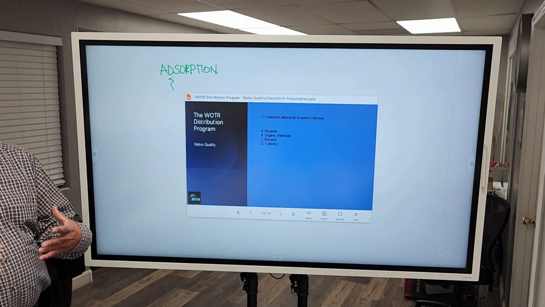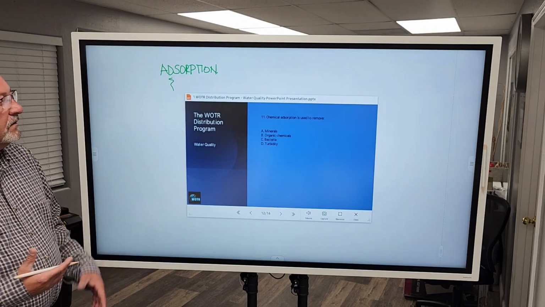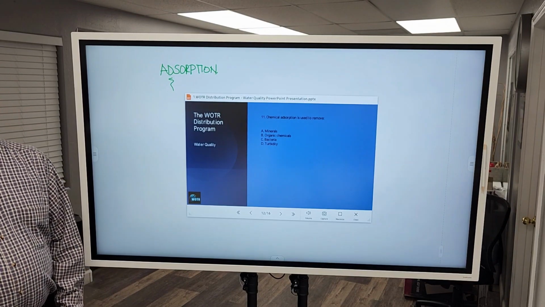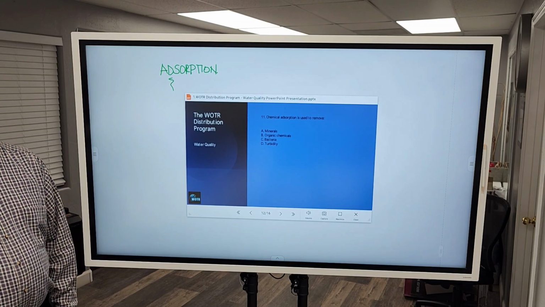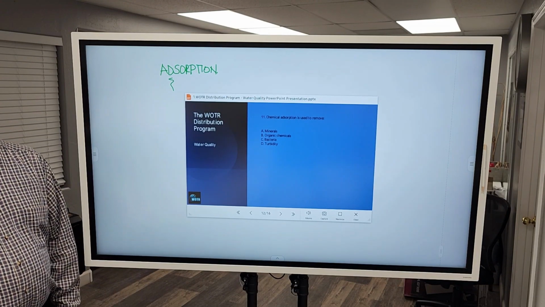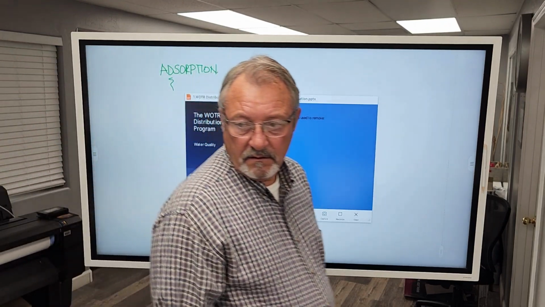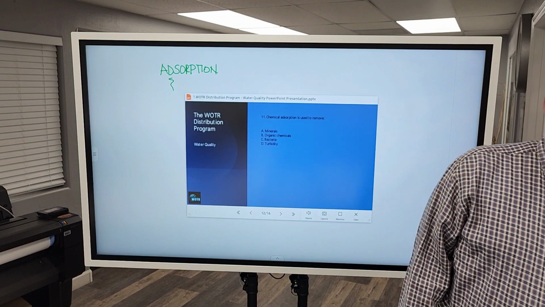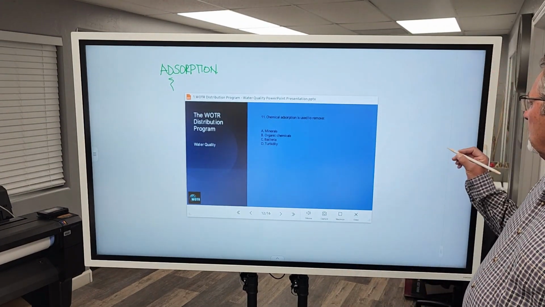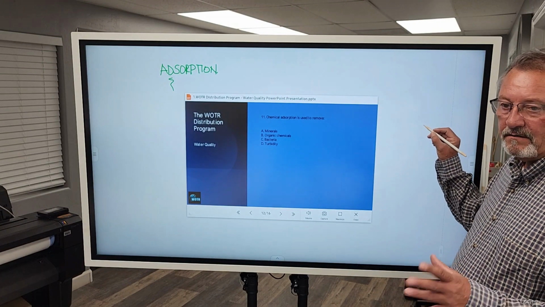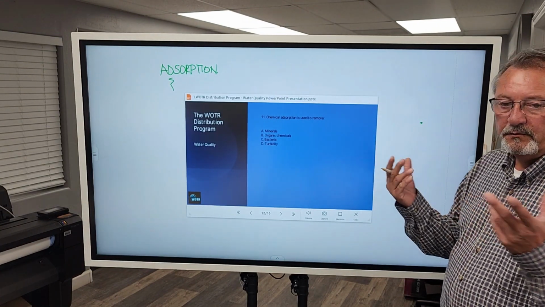Now, one of the chemicals that we use to adsorb organic chemicals that are in the water is GAC, granular activated carbon. There's also PAC, powdered activated carbon. And what is that? Well, it's basically charcoal, right? If you look at one of these GAC or PAC, it just looks like a smooth little bead.